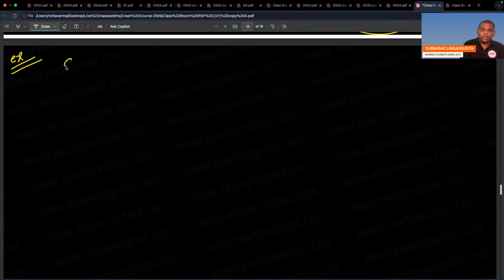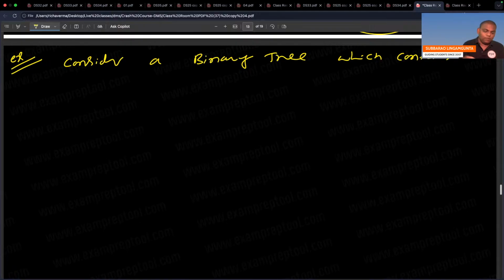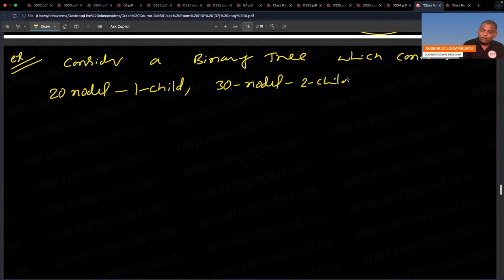Let's see. Consider a binary tree which contains 20 nodes with one child and 30 nodes with two children.